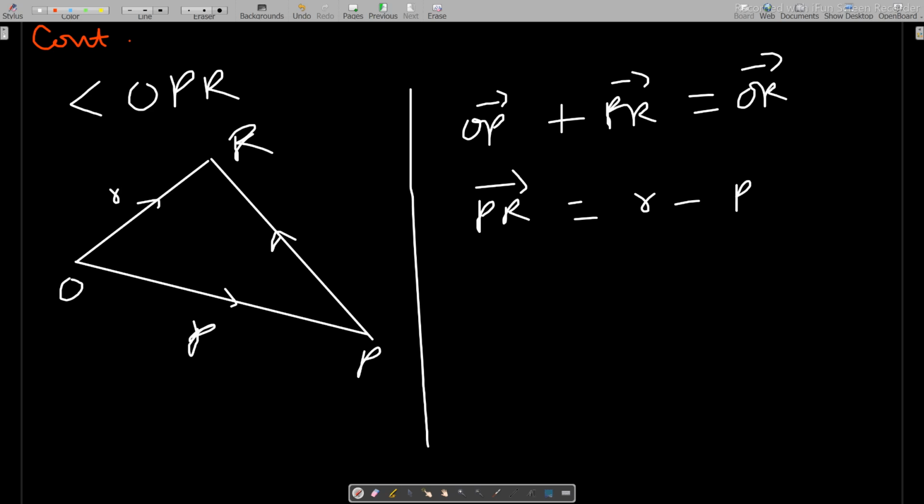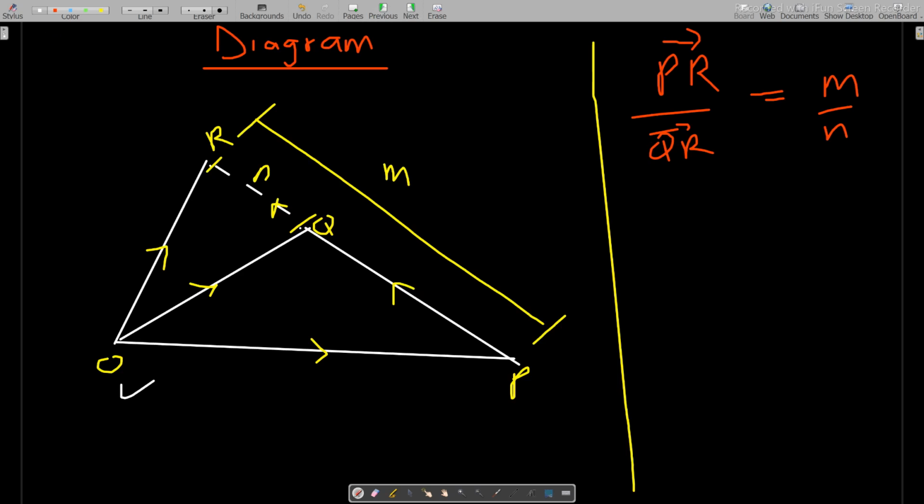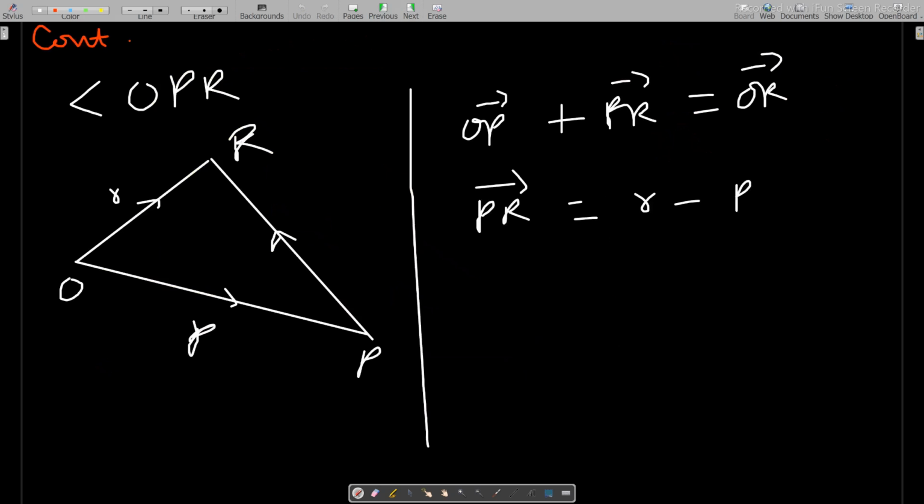Then we go ahead and find for triangle OQR, okay? Now let's go ahead and check triangle OQR. OQR is from here, OQ then R, like this, okay? That is how it looks like, and the diagram looks like this. Let me draw it as it is in the diagram, okay?